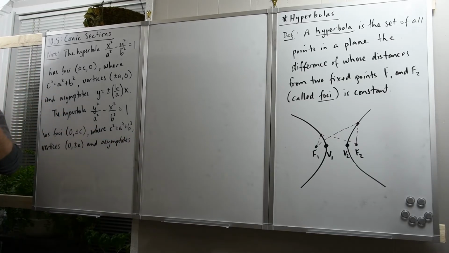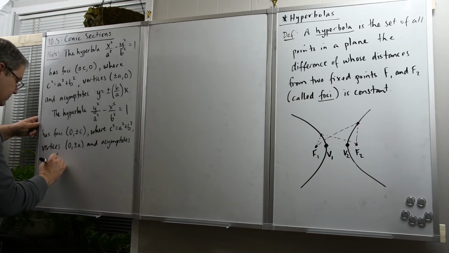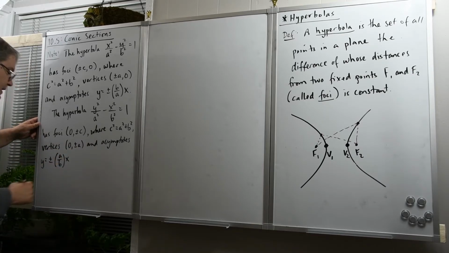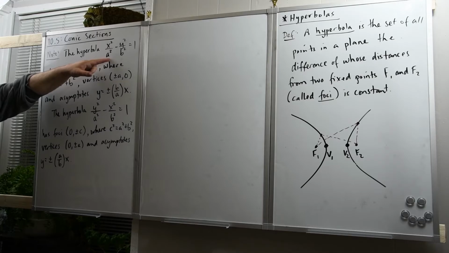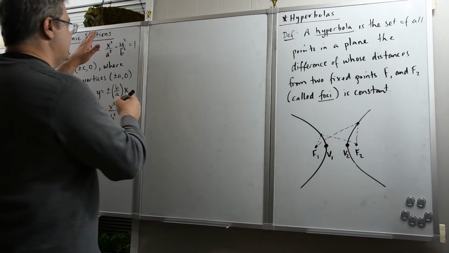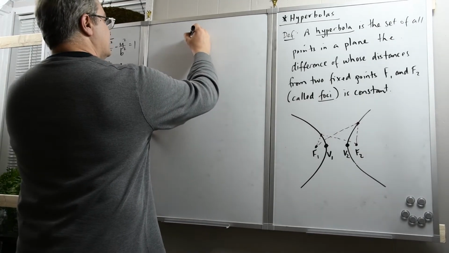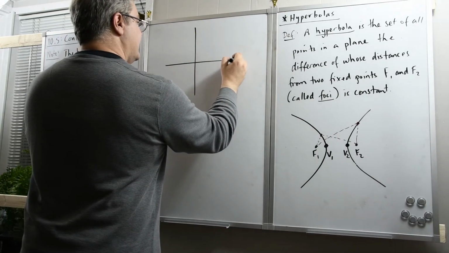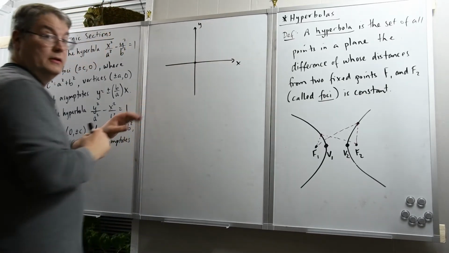And also you'll have asymptotes here, not a huge surprise, I would suppose. And those asymptotes will be y is equal to plus or minus a over b times x. So what I'd like to do is give you an idea of how we might go about drawing a graph like this. So if we have x squared over a squared minus y squared over b squared is equal to 1, let's consider that the center is going to be located at the origin.